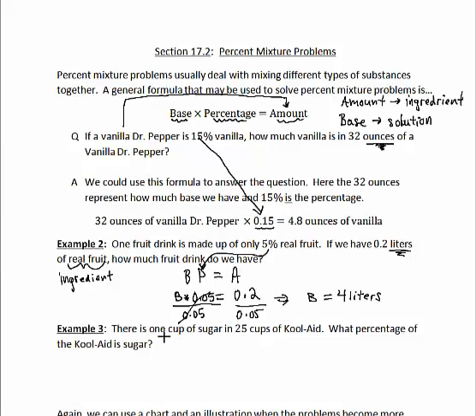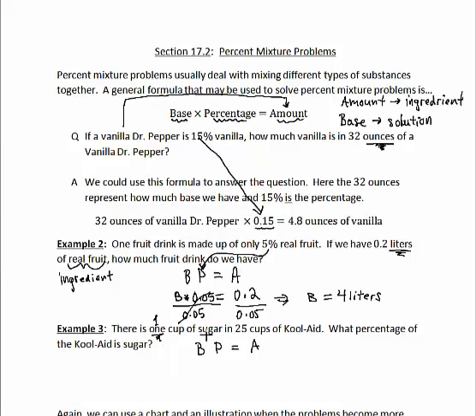Example 3 reads, there is 1 cup of sugar and 25 cups of Kool-Aid. What percentage of the Kool-Aid is sugar? Here's our formula, B times P equals A. And we had one of our numbers hidden, sort of. 1 cup was written in word version. So 1 and 25. Well, where do we put our numbers?